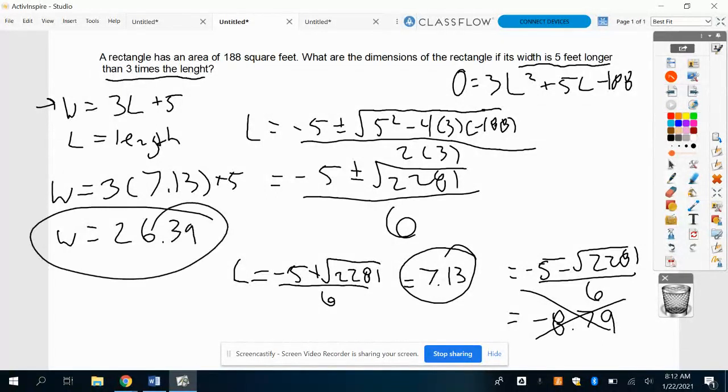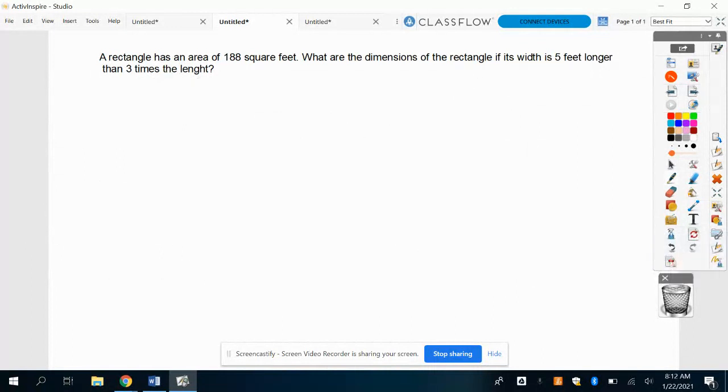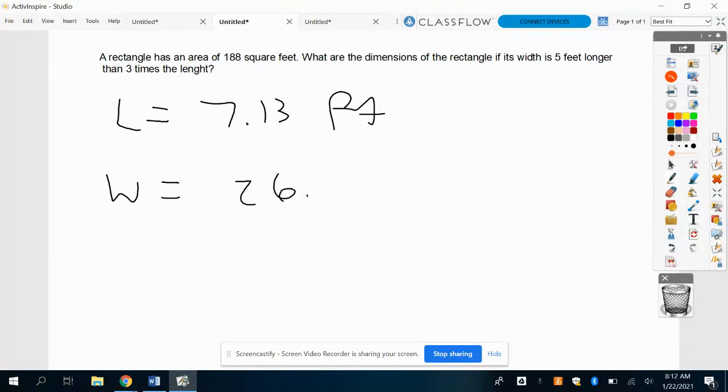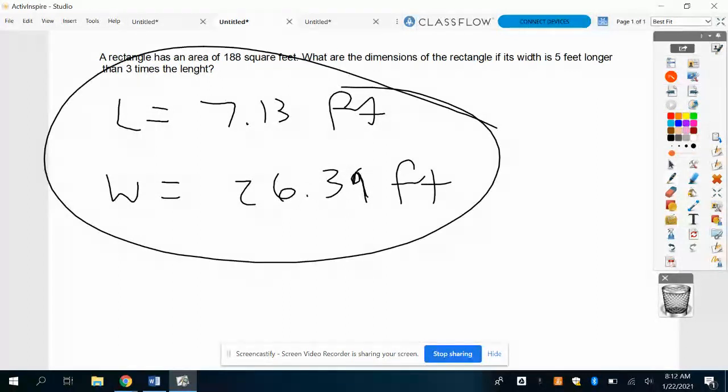So there's your width. Here's your length. So in the end, when you write your answer, you get the following. Your length is that 7.13 feet, and your width is 26.39 feet. And that's your answer for this problem.